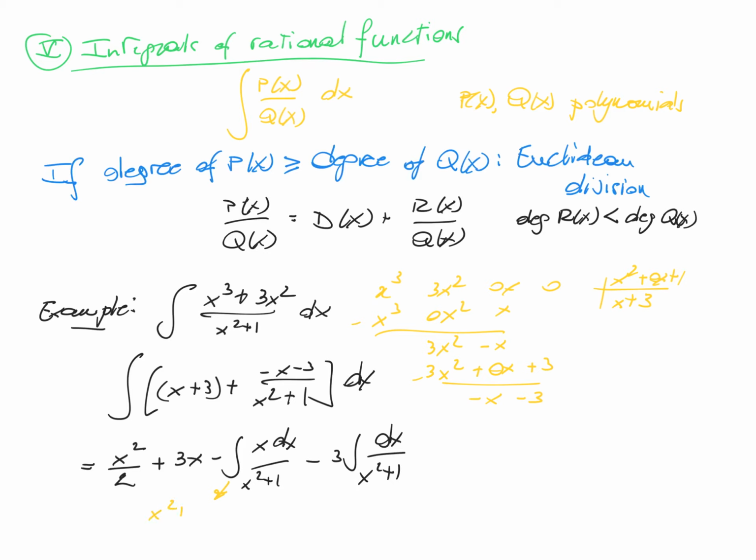So set x^2 + 1 equal to u, and then 2x dx is equal to du. The second integral we can immediately calculate. So this becomes x^2 divided by 2 plus 3 times x, minus the logarithm of x^2 + 1, minus 3 times the inverse tangent of x, plus a constant.